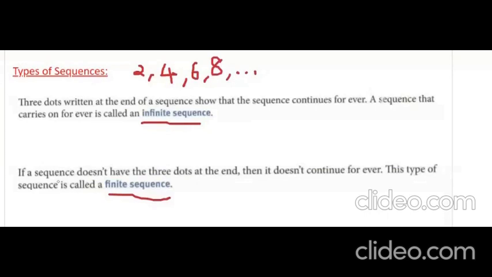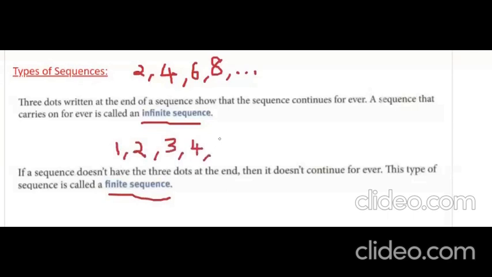And what is a finite sequence? It is a sequence which has a countable number of terms, which can be counted easily. That is why we call it finite. It has a limited number of terms. For example, we can take the sequence 1, 2, 3, 4, and 5.